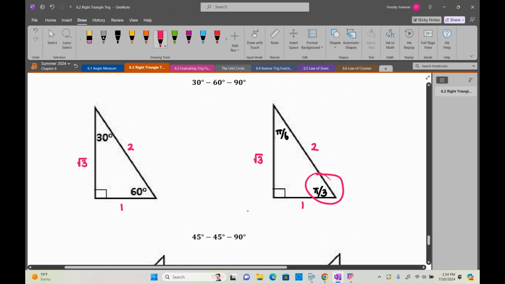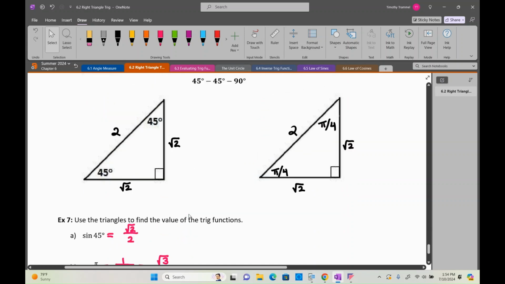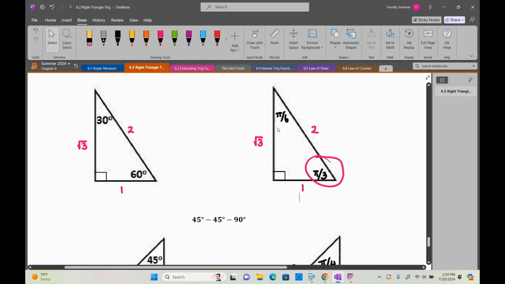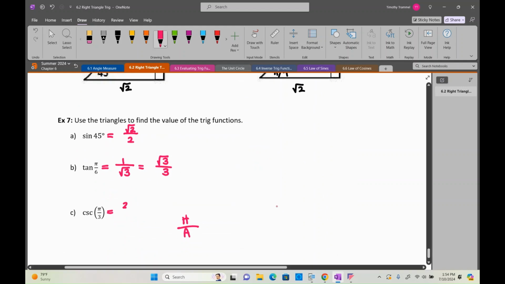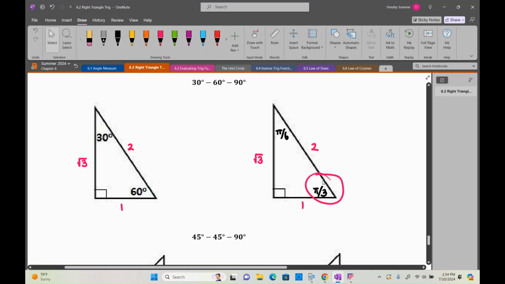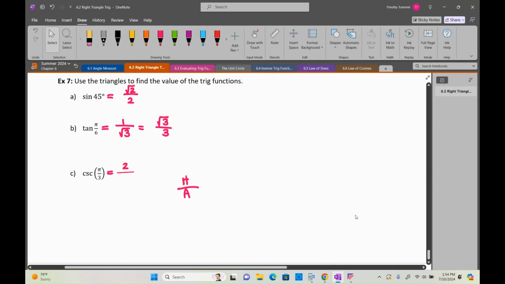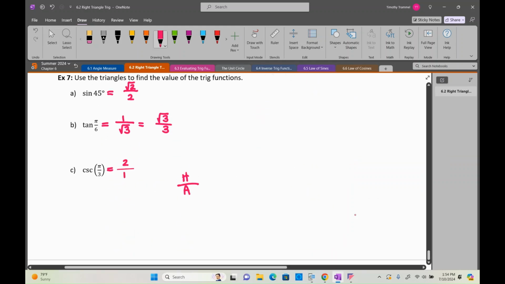So right here. Okay. And right, we said first we're going to have the hypotenuse on top. So the hypotenuse is 2. So I'm going to come down here and write in a 2. There we go. And then the adjacent side to π/3 is the 1. So we just get 2.